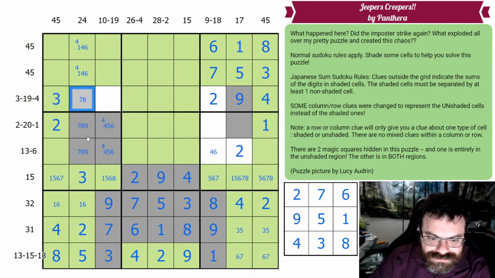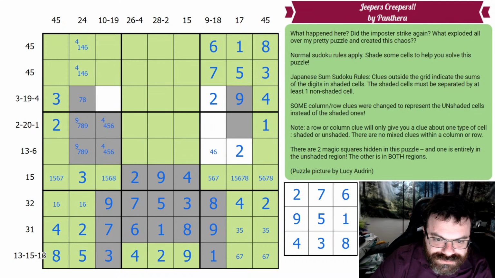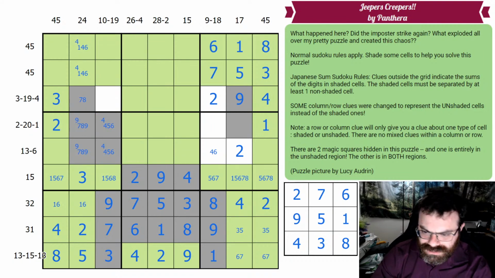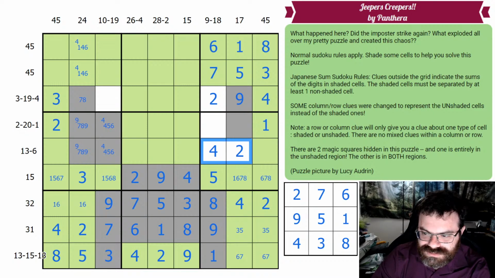This is not 9. There is a 9 in one of these two. Okay, this 6 and 7 gives 5 here. This 6 gives 4 here, so this has to be gray.